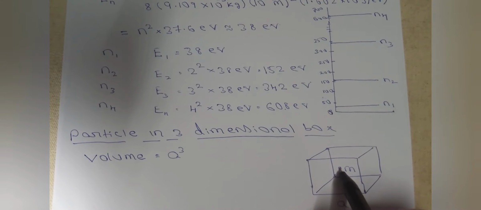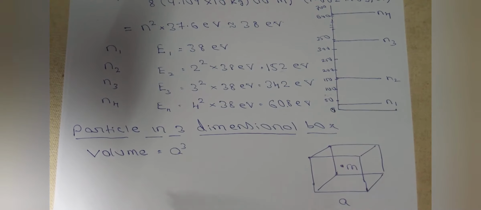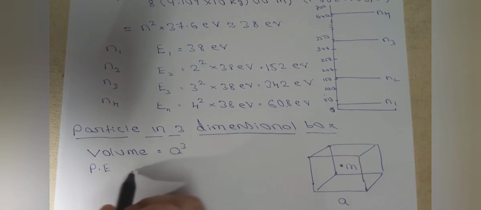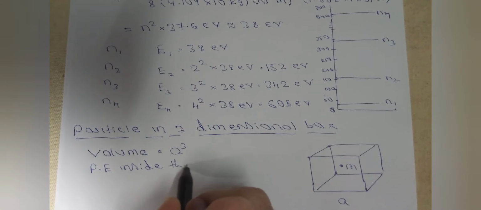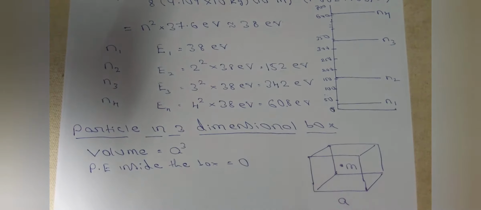Now the mass of the particle is m, and we consider that the potential energy inside the box is equal to 0.